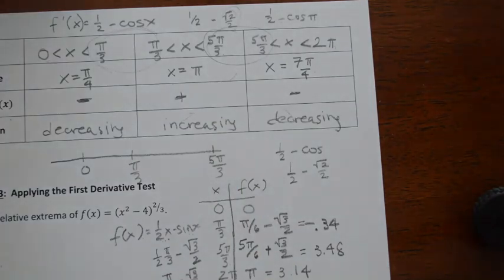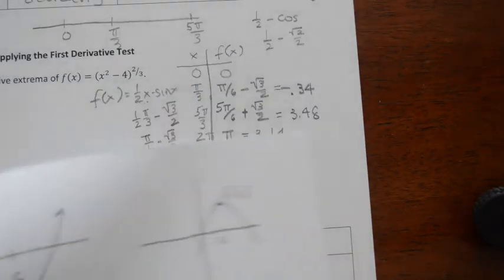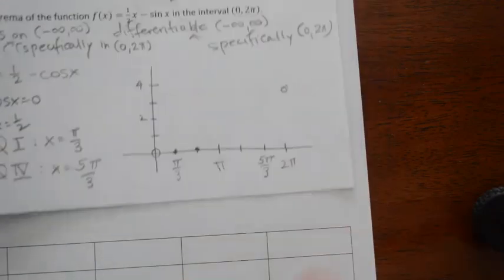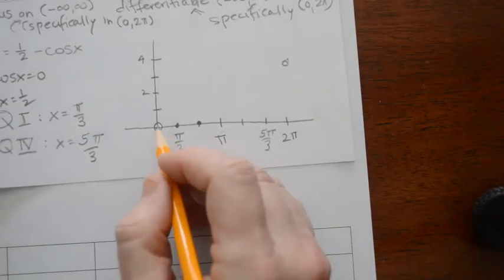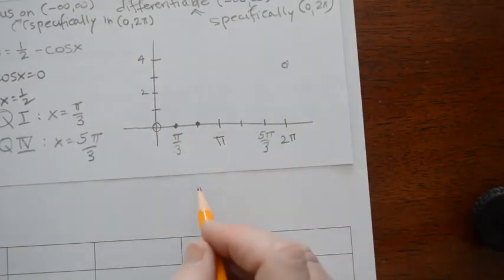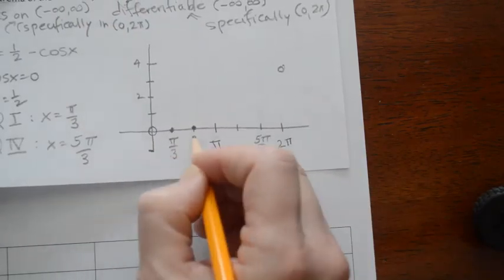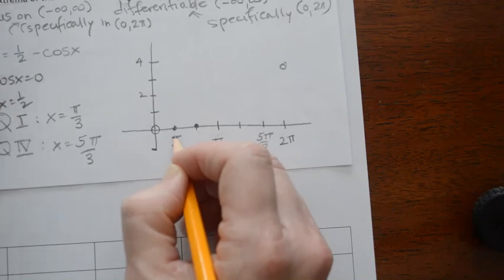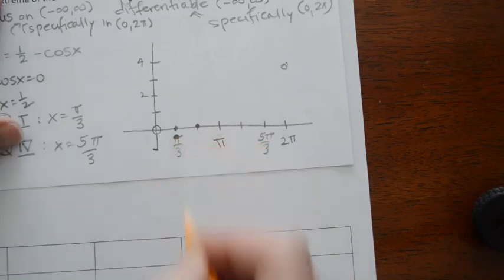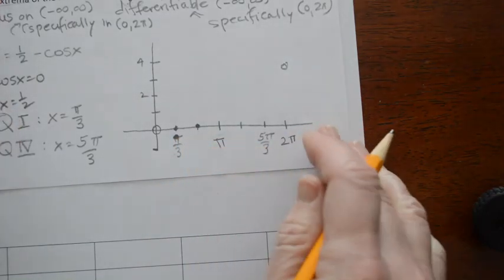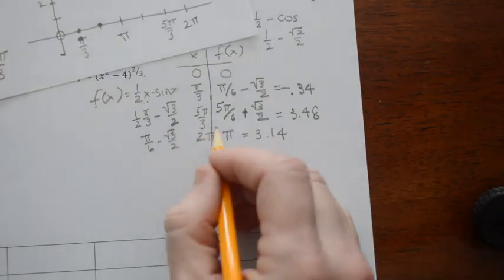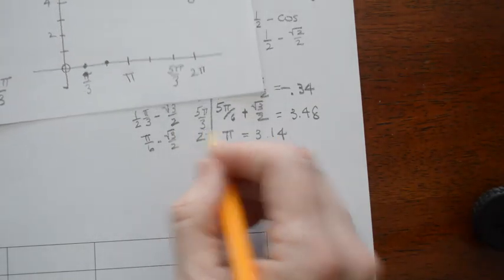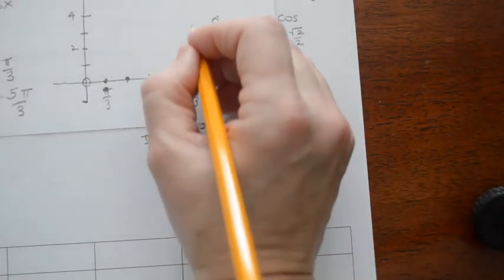So let's go in and sketch this a little bit more accurately. We have this so far. We know from our table that from here to here it's decreasing, and I just found out that it's at negative 1/3 roughly. So we're going to put in the value right here. And then it tells us that at 5 pi over 3, it's up at about 3.5.